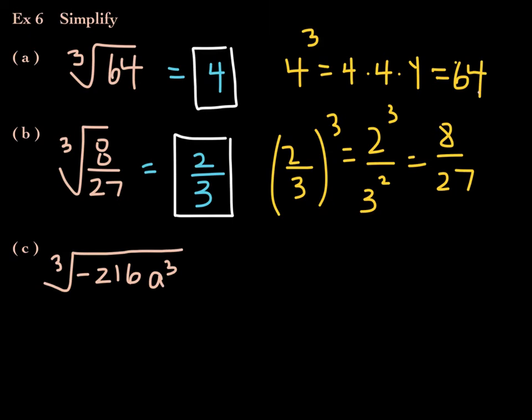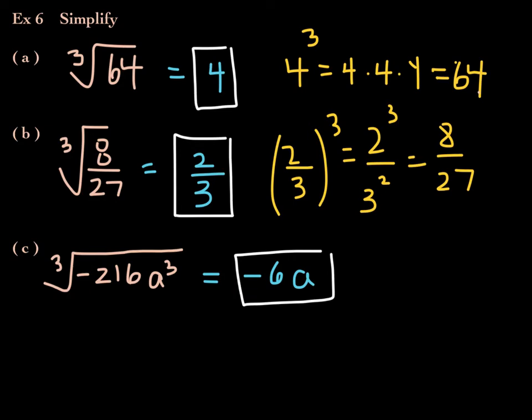All right, the cube root of -216a cubed. Now the answer here will be -6a. Now let me show you how to get that answer, okay? First of all, if you have a cube root and your radicand is negative, then the root will be negative, okay?